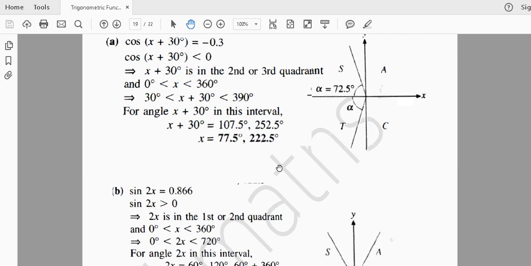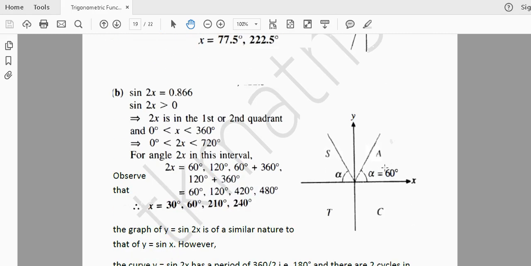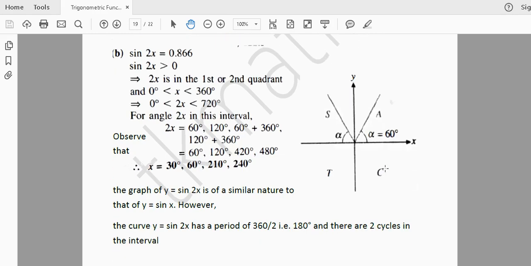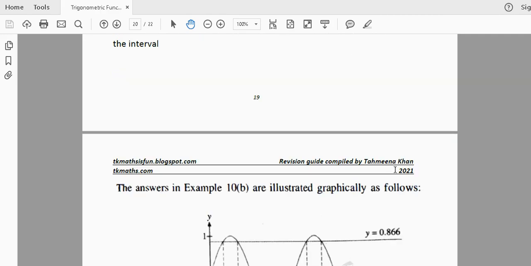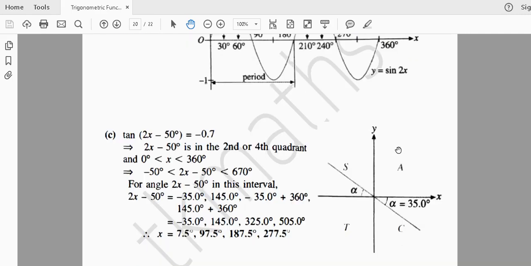Okay, so here are the solutions for such examples. You can see. This graph is just for visual understanding.